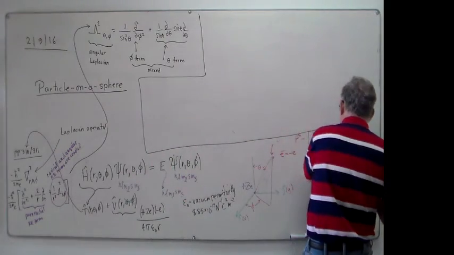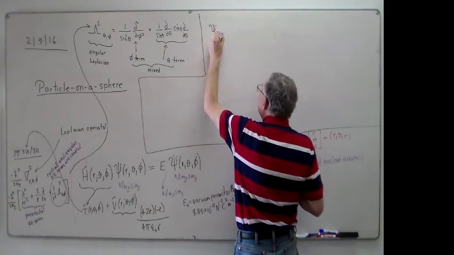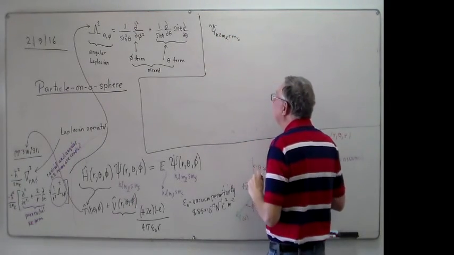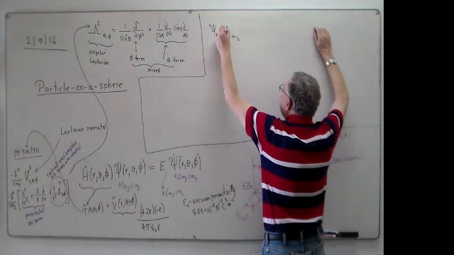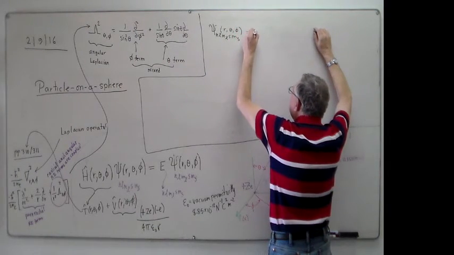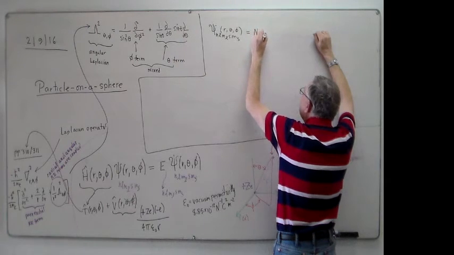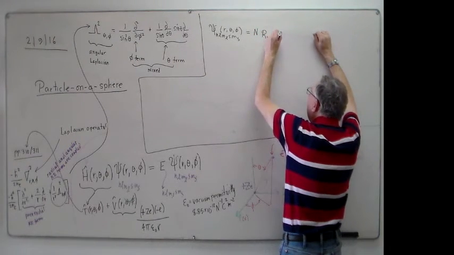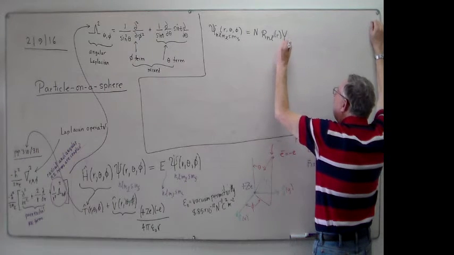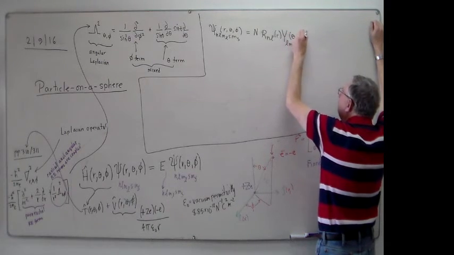What we're going to do is we're going to say the solutions, psi n L m sub L s m sub s, and this is a function of r, theta, and phi, will be given as a normalization constant, there'll be a radial part, R n L of r, those are the quantum numbers, and an angular part, Y L m sub L, theta, phi.